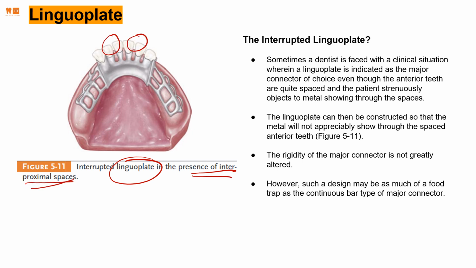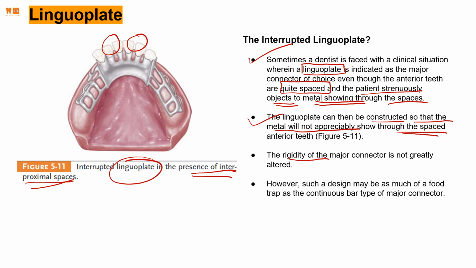So sometimes a dentist is faced with a clinical situation wherein a lingual plate is indicated as the major connector of choice through the anterior teeth that are quite spaced out, and the patient strenuously objects to having any metal show. Okay, so the lingual plate can be constructed so that the metal will not be shown through the spaces as shown in the diagram.